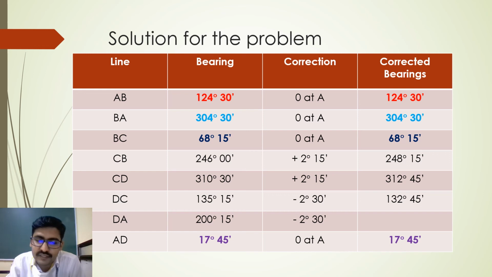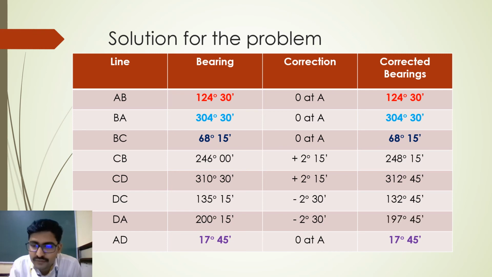So 200 degree 15 minutes minus 2 degree 30 minutes. So how much it will be? So it will be 197 degree 45 minutes, right? So the fore bearing of DA is corrected and it is 197 degree 45 minutes.